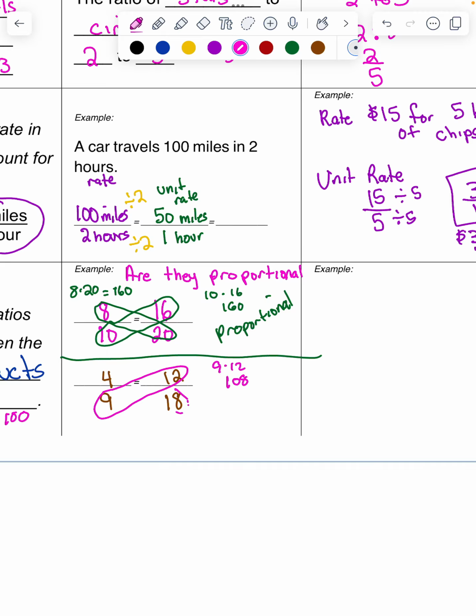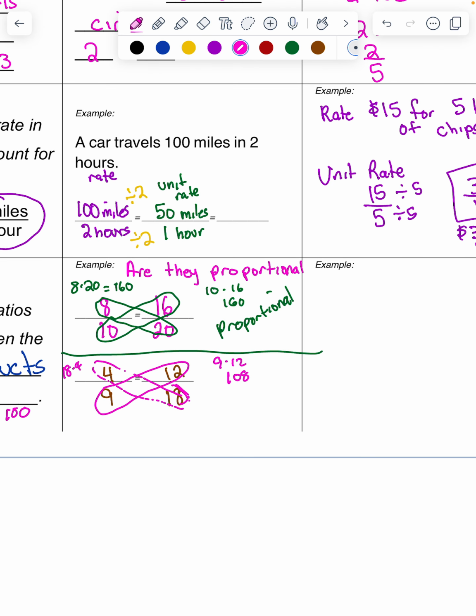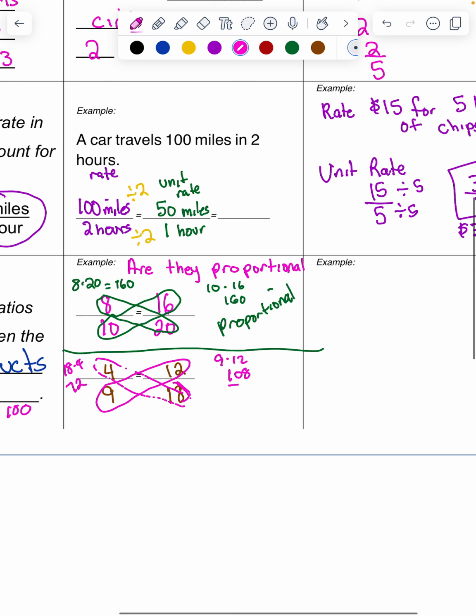I then am going to go 18 times 4, and that's 72. This number is not equal to this number, so they are not proportional.